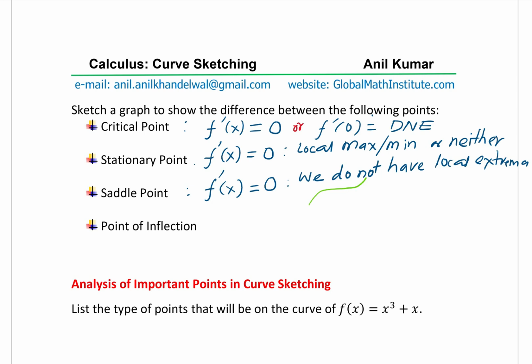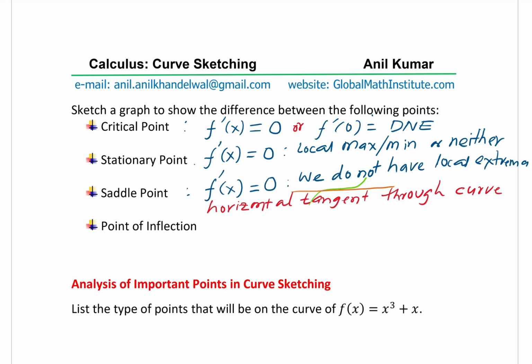So that is the saddle point, right? The derivative definitely is zero, since if you draw a tangent line at this point, it will be horizontal. It will cut through the graph, right? So we have a horizontal tangent, as you can see, cutting through the curve.